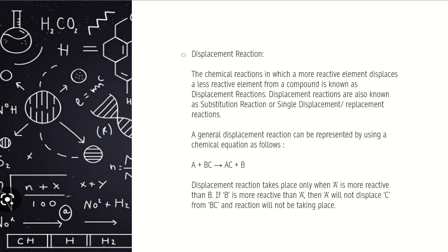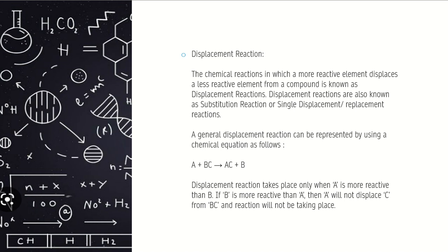Next, we have displacement reaction. Chemical reactions in which a more reactive element displaces a less reactive element from a compound are known as displacement reactions. Displacement reactions are also known as substitution reactions or single displacement or replacement reactions.